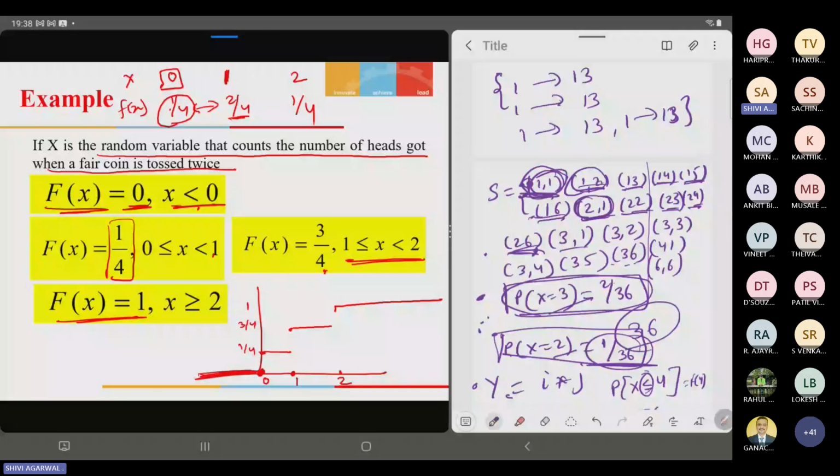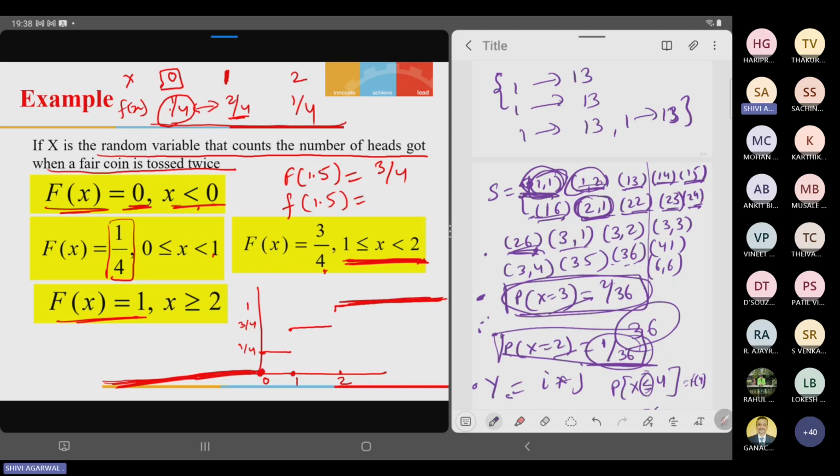Here you can also find out F of 1.5. What is it? 1.5 is coming in the second range, so it is 3 by 4. But the small f of 1.5 is what?